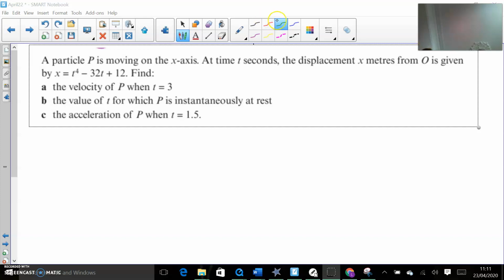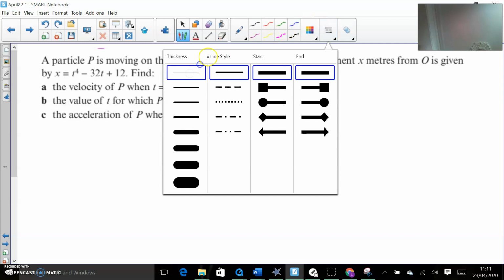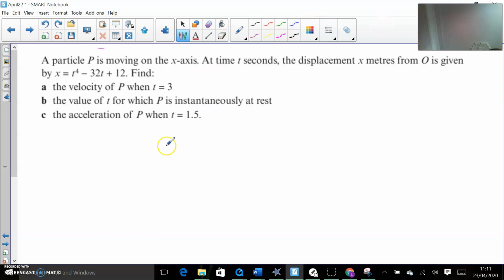Okay, so let's write down the function. We have x, the displacement, equals t to the power of 4 minus 32t plus 12.